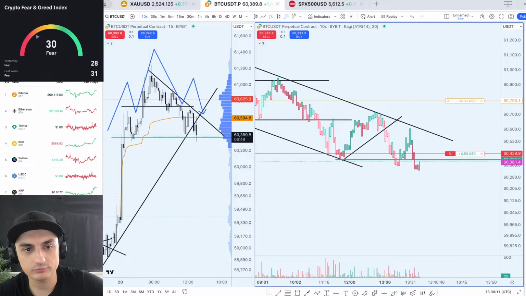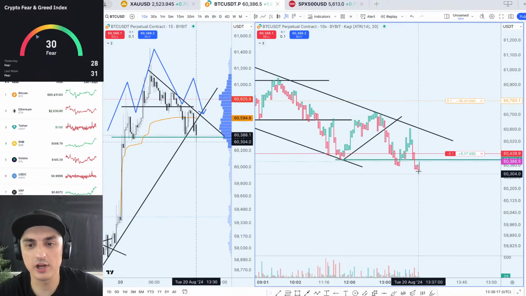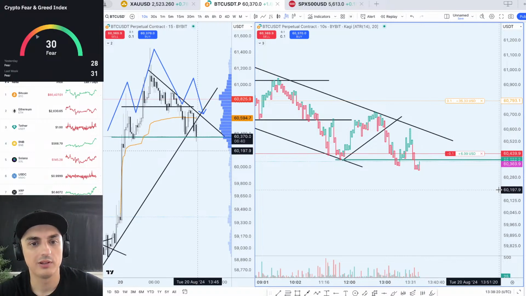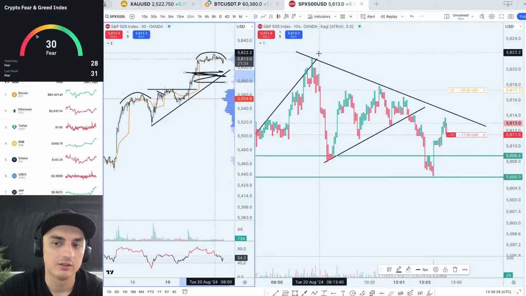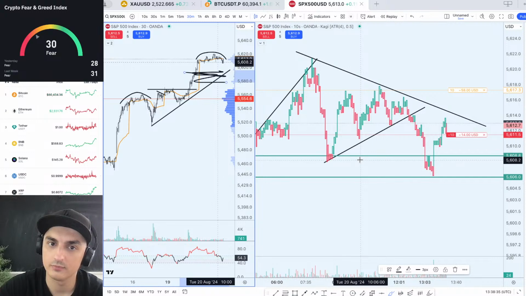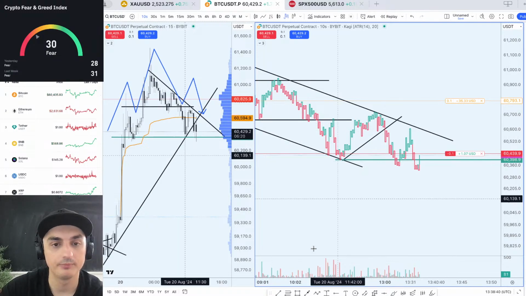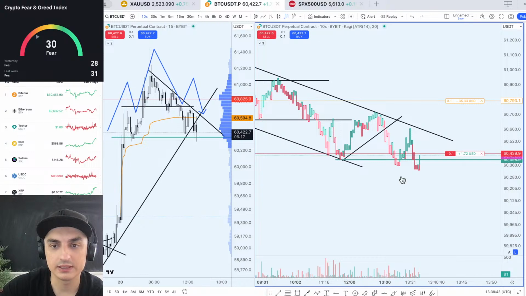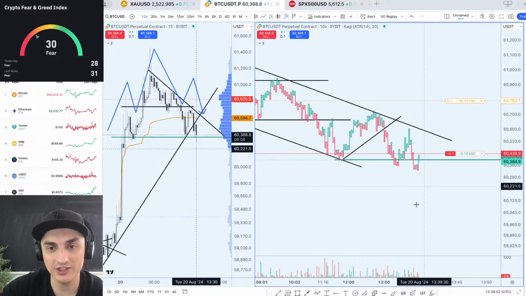So let's see. We got a small rejection on S&P. We're kind of trying to break out on Bitcoin, but it's still there. Once again, on Bitcoin I got really small entries, a small entry just to initiate this trade.